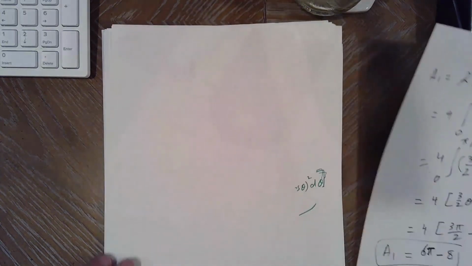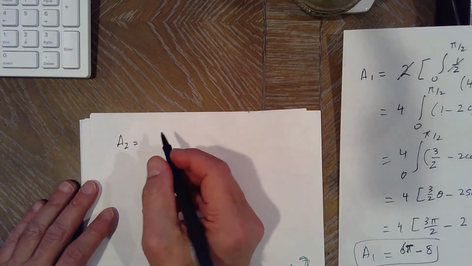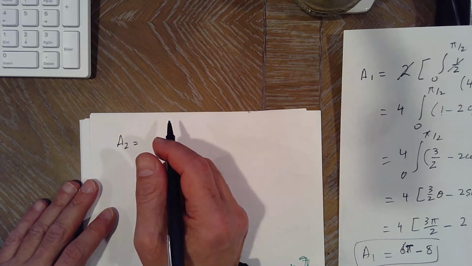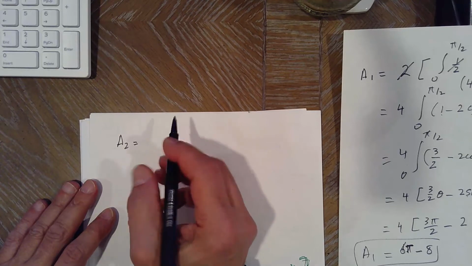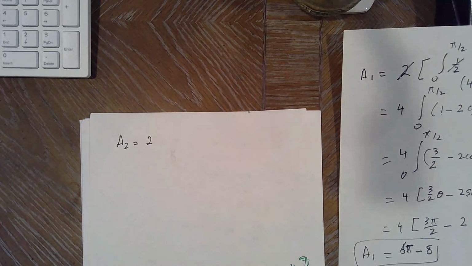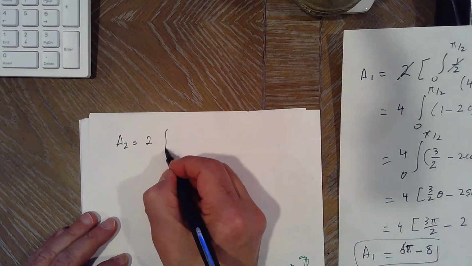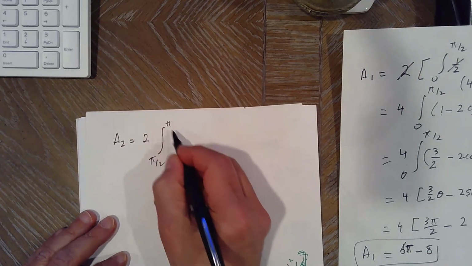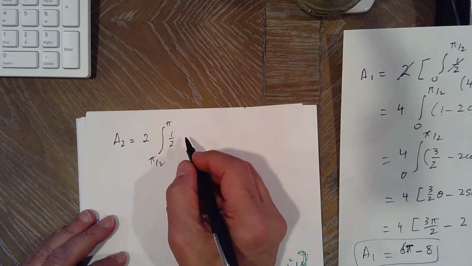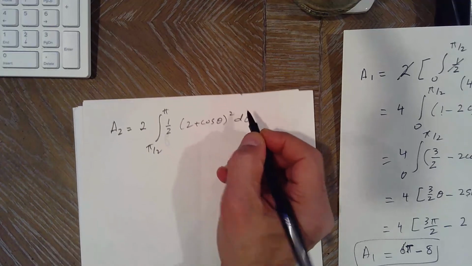Now let's go to A2, the second integral, which is 2 times the integral from pi over 2 to pi of 1/2 times (2 plus cosine theta) squared d theta.